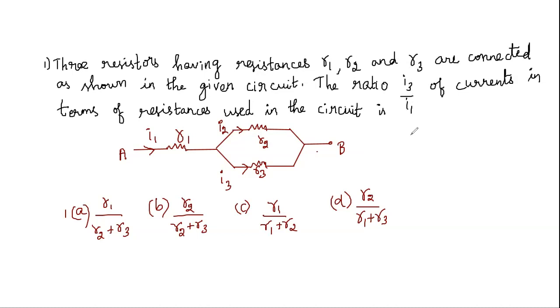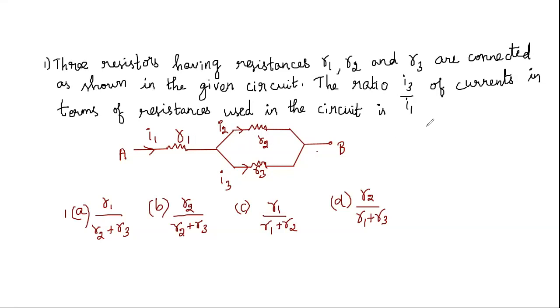So you can see in the given circuit diagram, you have two branches for the current to pass here. I1 is the total current entering this circuit, and the I1 current actually gets branched into I2 and I3. So the total current I1 is nothing but the sum of the two currents I2 and I3.